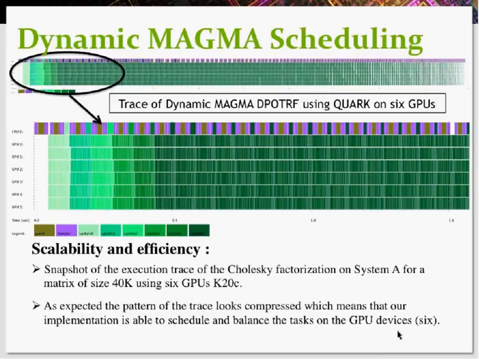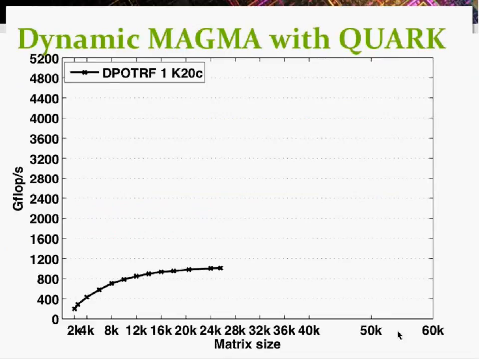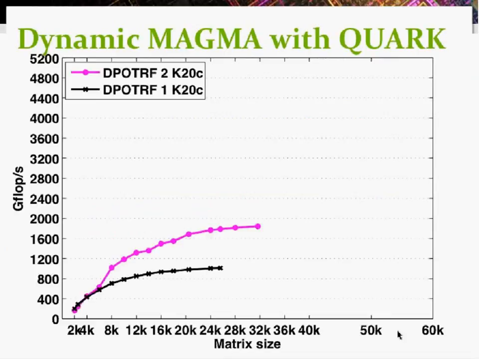Example of how these phases look like when we use the Quark scheduler with multiple GPUs. As you can see, this is the case of 6 GPUs. As you can see, there are no white spaces, nothing besides work. Very tight, so you also get very high performance with that.